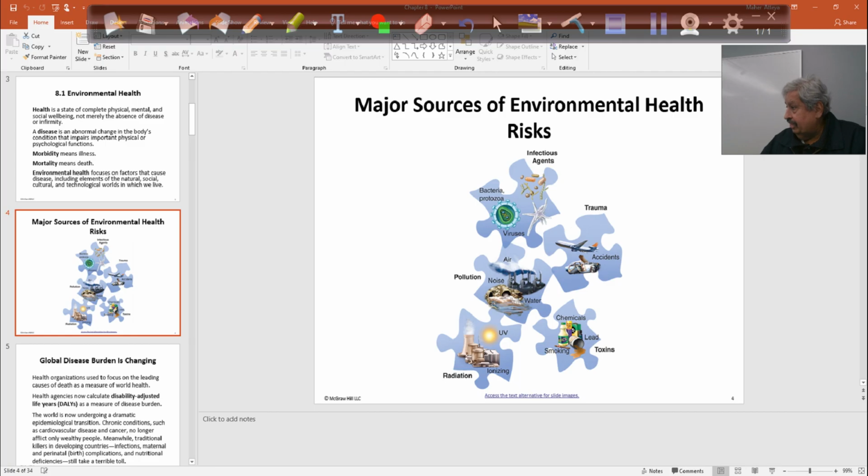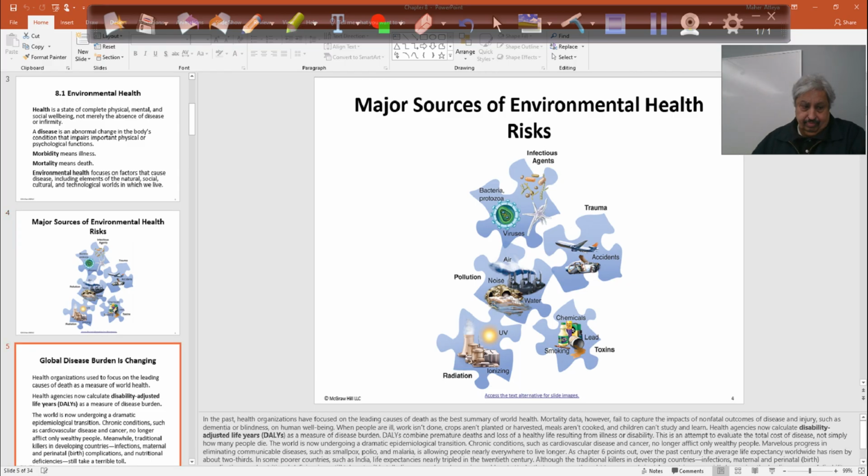They should not vent any toxic stuff, but sometimes accidents happen, and the filters get blocked, and high pressure will push those filters away, and all those toxic gases will come into the air. Pollution, whether in soil or in the air, those are the major factors affecting environmental health.